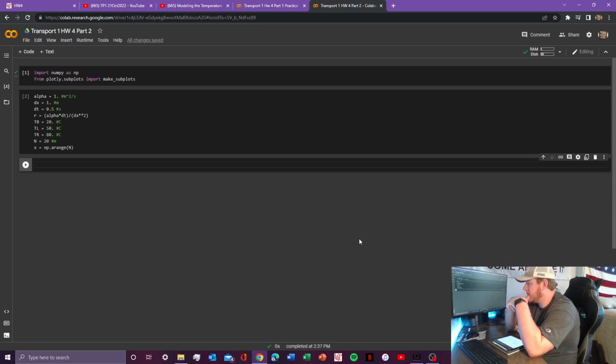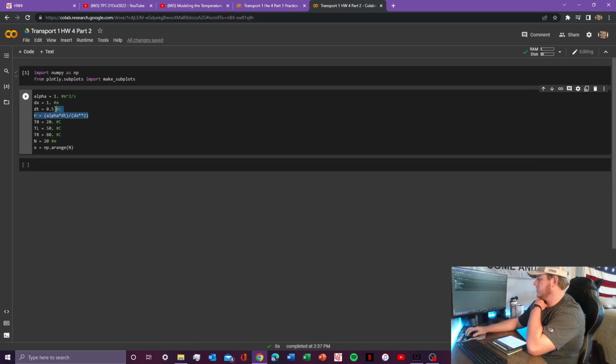Our time step is 0.5 seconds. Our dx, the distance step, is 1 meter. From our differentiation on paper here, r, which is alpha dt over dx squared, we imported that as well. Our temperature for the room is 20 degrees.